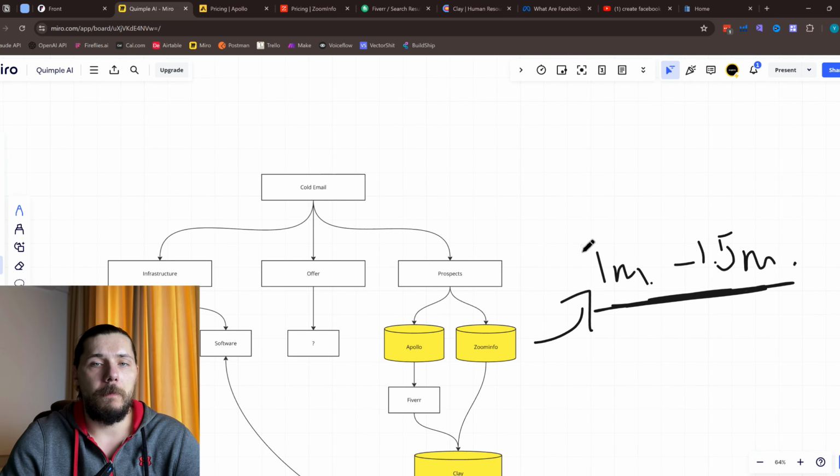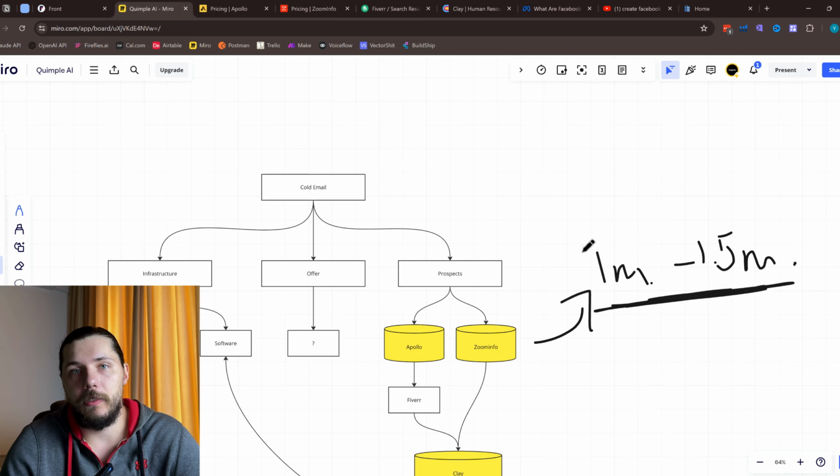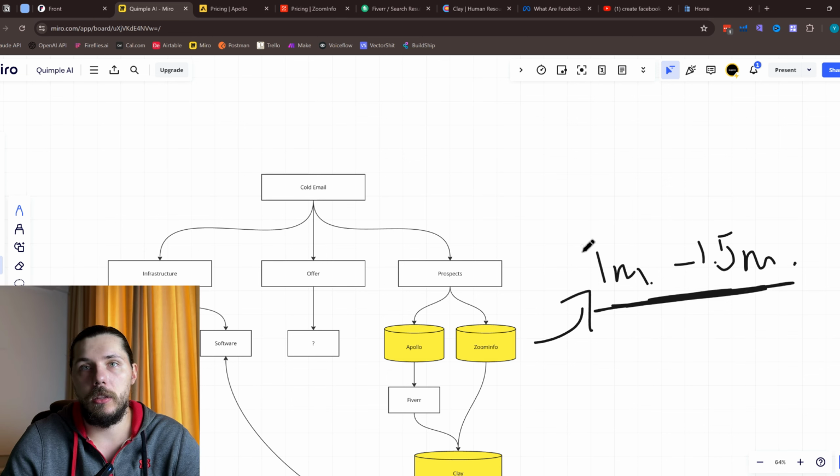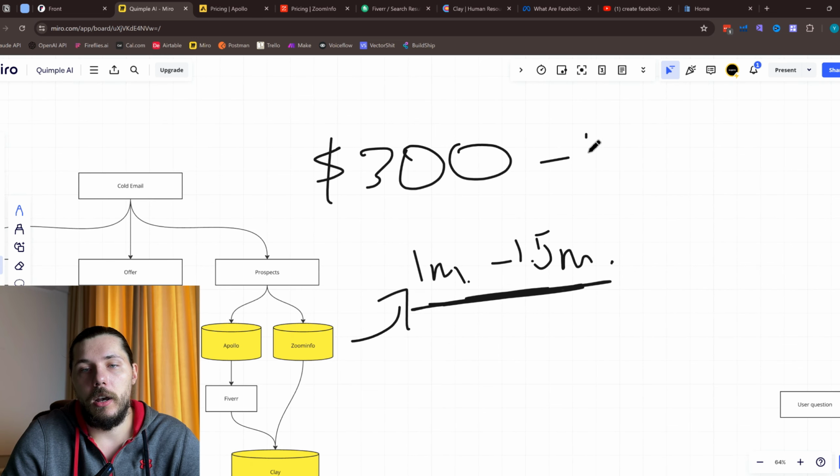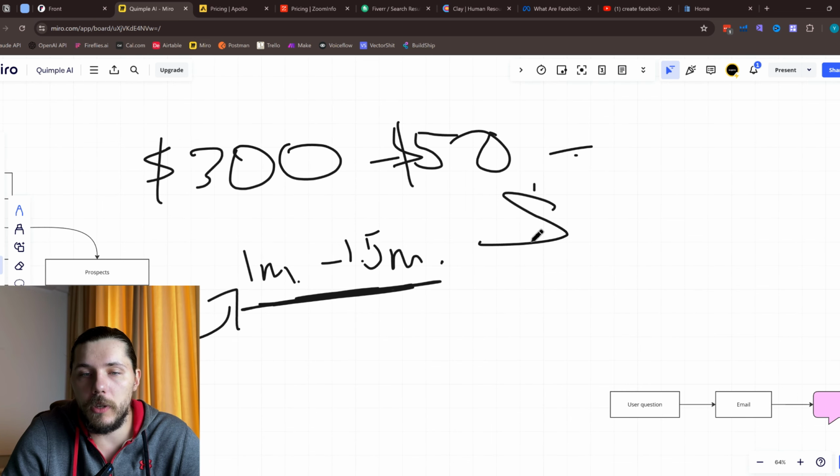So I would highly suggest you spend, let's say, $10 a day and run it for at least a month, testing different creatives, offers and maybe different audiences. So you need to have $300 on the ads, and let's say $50 for something else, so you need about $500 to invest into this venture.